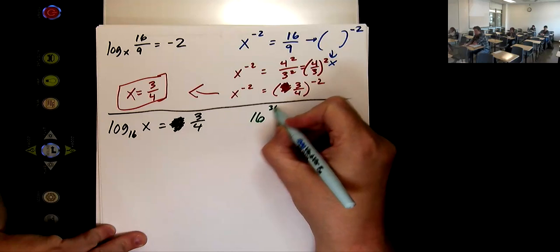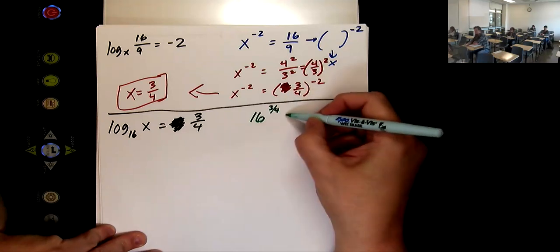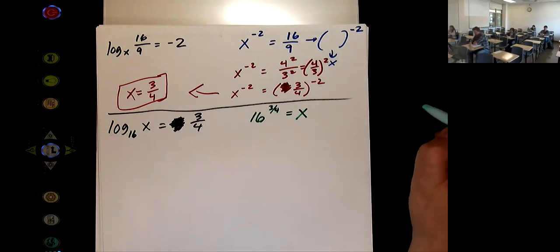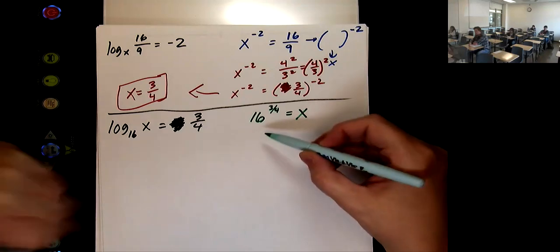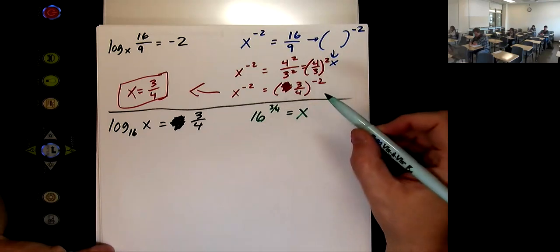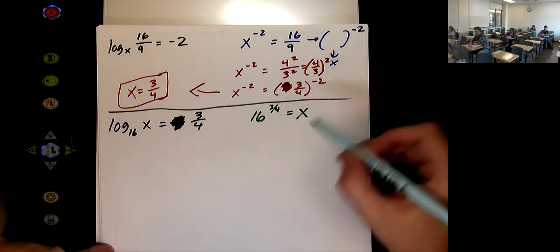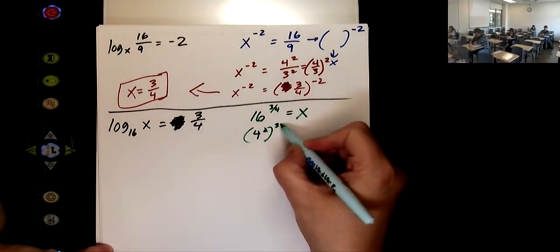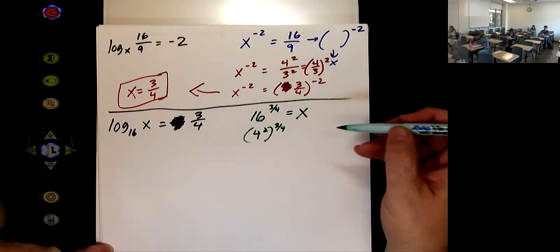The 3/4 is the exponent on it, and that equals x. So what can I rewrite 16 as? Sixteen is 4 squared, right? I could do 4 squared to the 3/4. Can I break down the 4s anymore?